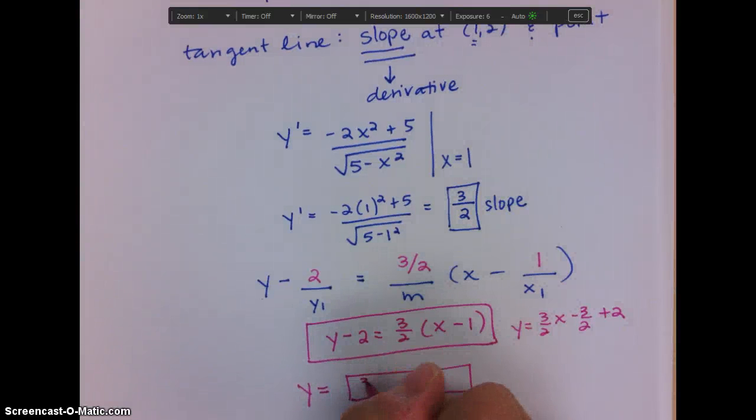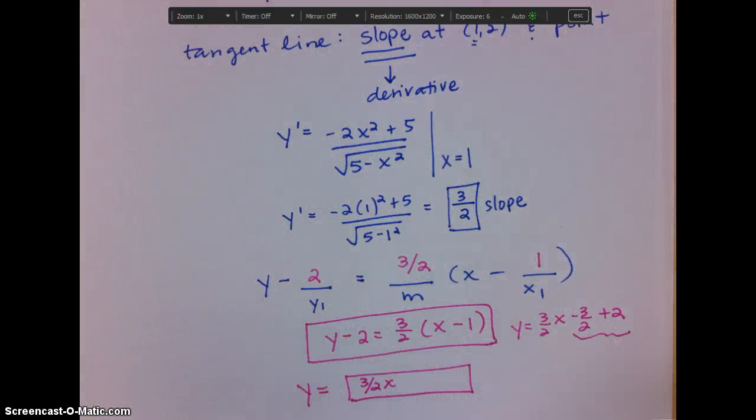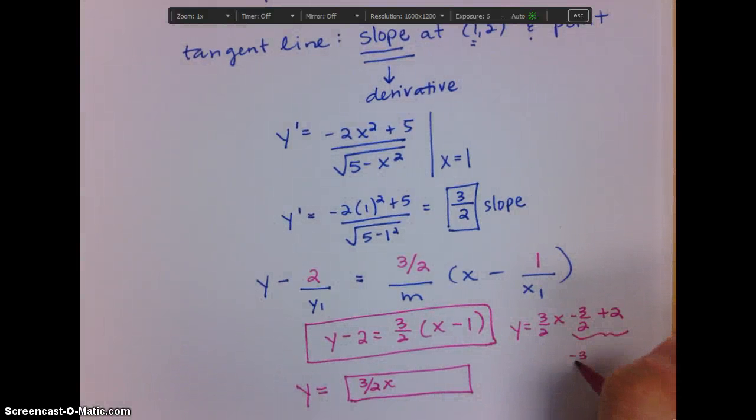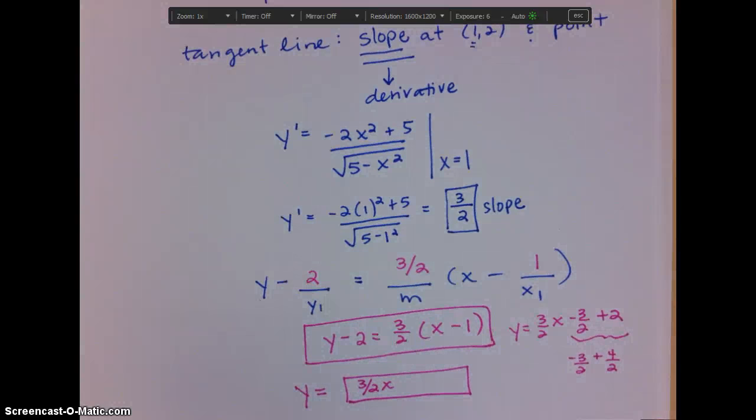So we would have a 3/2 x component, and then here the y-intercept is negative 3/2 plus 2, which I would want to get a common denominator in order to add together. And negative 3/2 plus 4/2 is going to be a 1/2. So in y equals form, that would be the equation of our tangent line.